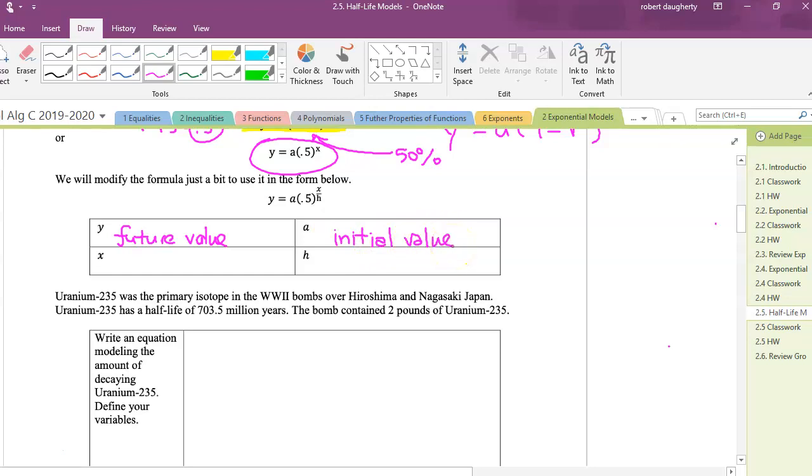The variable x, our exponent in every problem we've had this unit, represents time. And then the new one here, h, is equal to the half-life. That is the amount of time it takes for whatever we're modeling to reach 1/2 of the quantity it started out with.